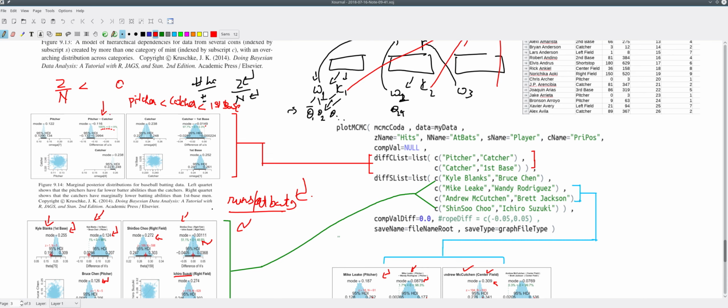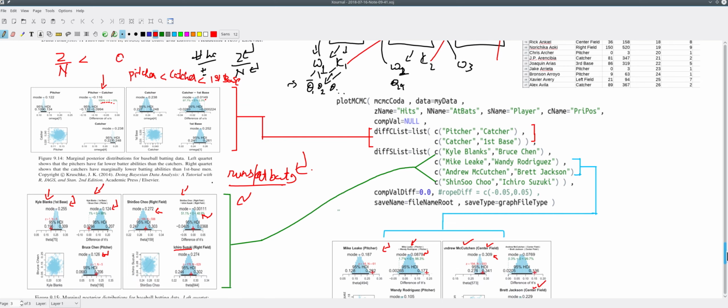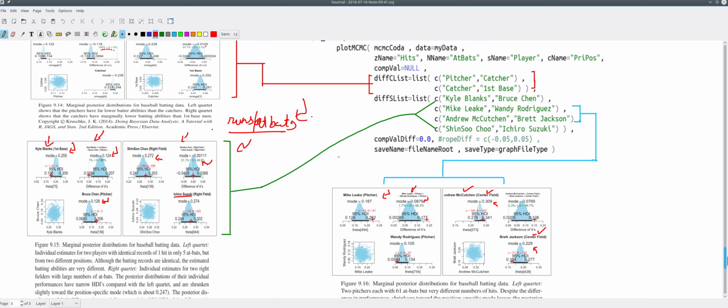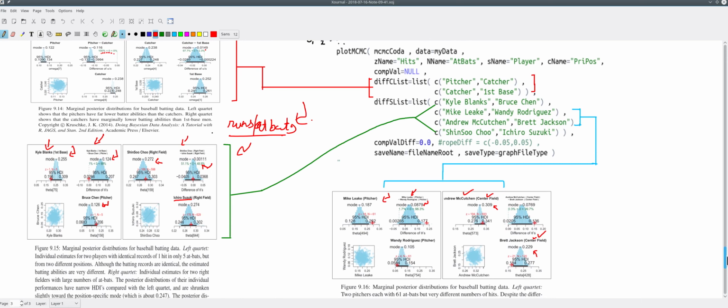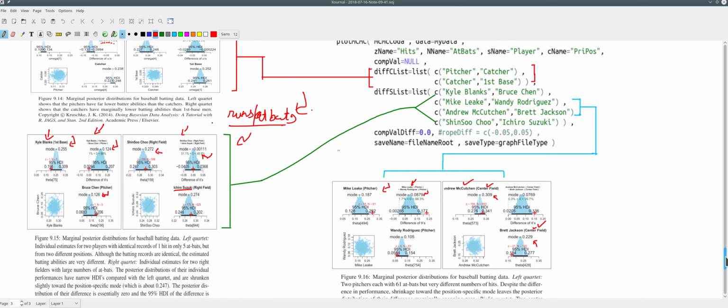And we found that yes, they do, based on the specific posterior distribution and the values that we computed. Similarly, we wanted to see whether different batters who play at different positions differ. In certain instances they did, in certain instances they did not.